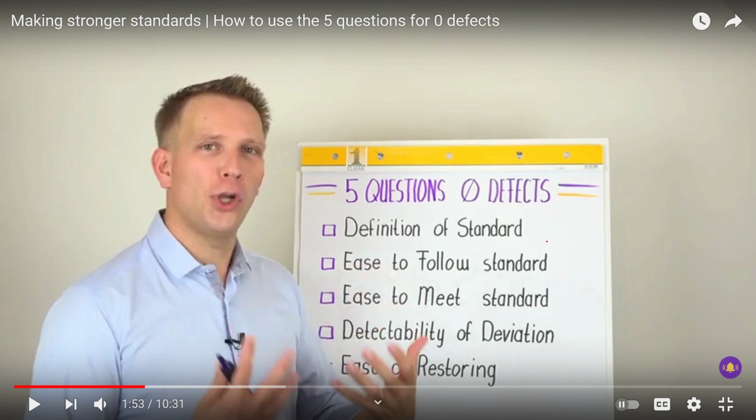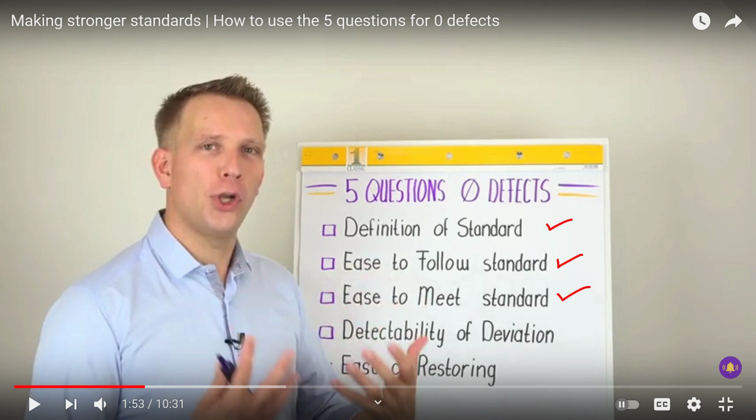His first one is about the definition of a standard. In other words, do you have one? Then it says, is it easy to follow? Do people understand it? Does it actually make sense? Or is it a little bit woolly and open to interpretation? Then is it easy to meet the standard?